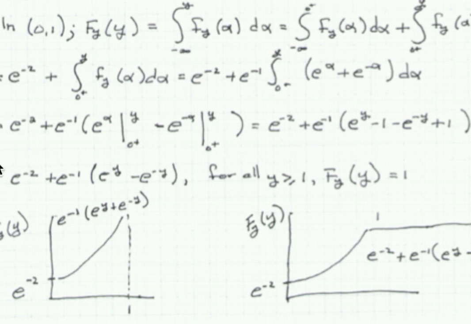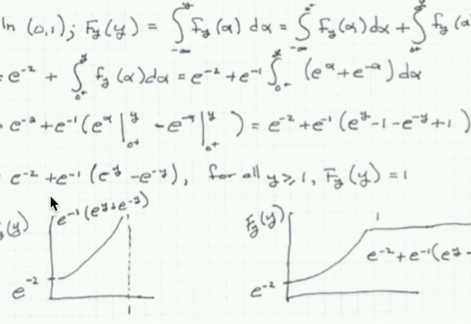Okay, which in turn is equal to e to the minus 2 plus e to the minus 1, the parentheses, e to the alpha evaluated from 0 to y minus e to the minus alpha evaluated from 0 to y, which is equal to e to the minus 2 plus e to the minus 1, parentheses, e to the y minus 1 minus e to the minus y minus 1.